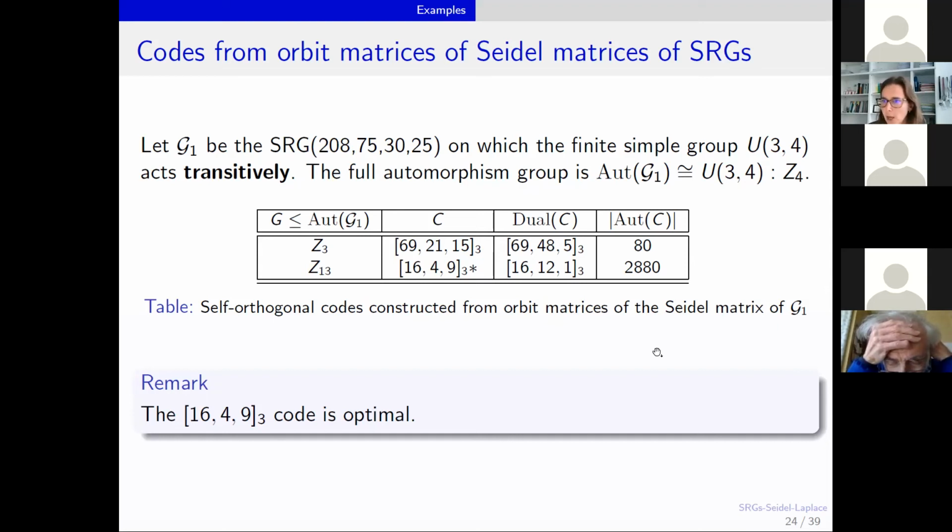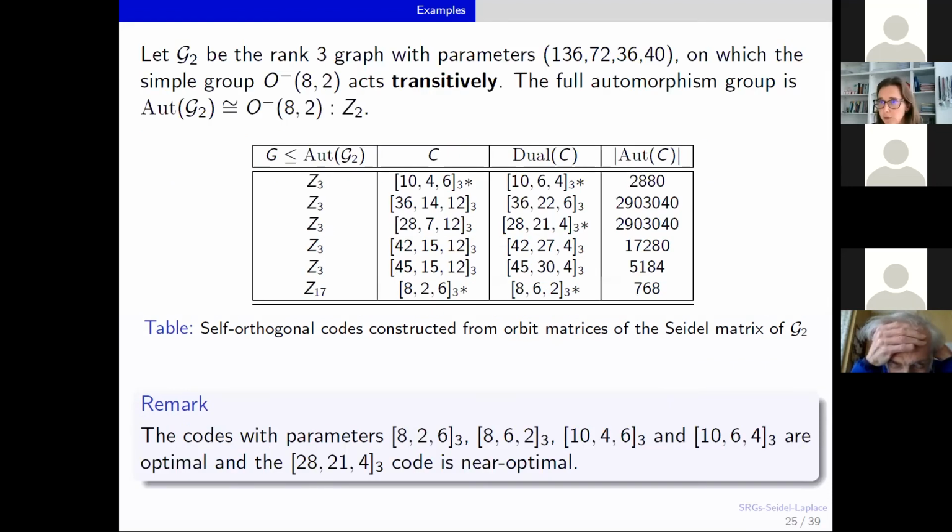It means potentially more nice self-orthogonal codes. And in these tables, you can see with respect to which subgroup of the full automorphism group we constructed orbit matrices, the codes that we obtained, and the sizes of the full automorphism group. So this is from Seidel matrices. And these are also codes obtained from orbit matrices of Seidel matrices.